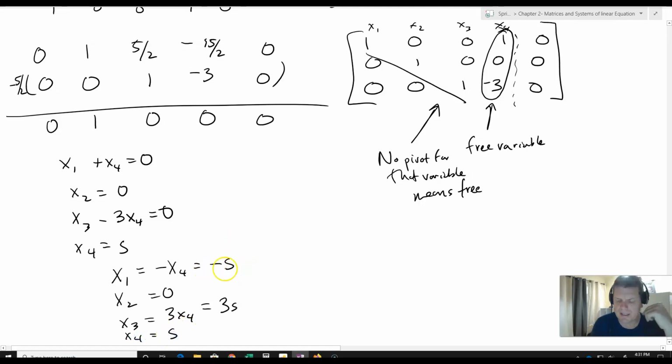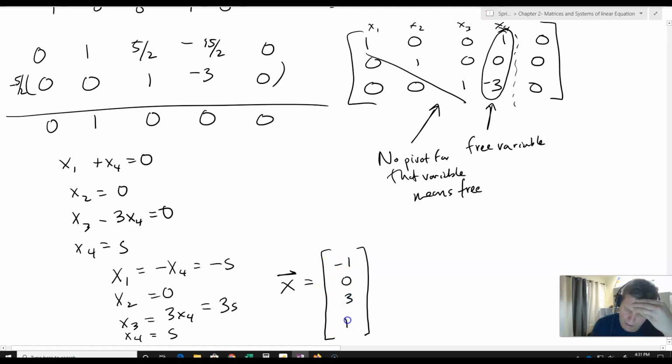So when I write this in terms of s, I'm going to get my solution vector, call it x, equal to s times negative 1, 0, 3, 1. Okay? And this is a line of vectors. It's a line going through the origin, all right?